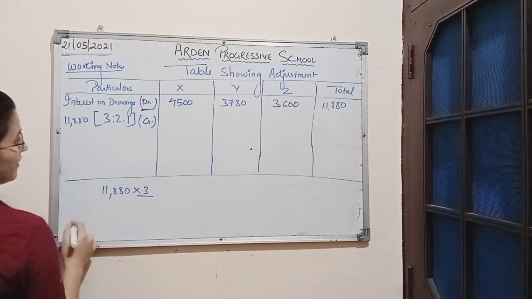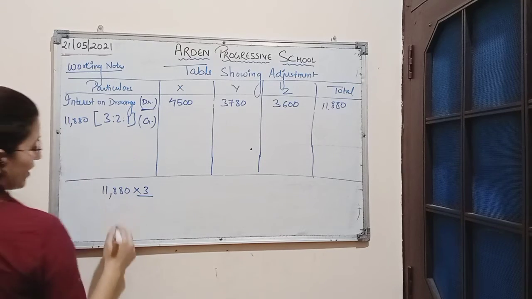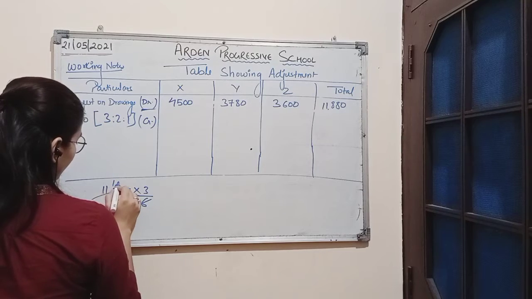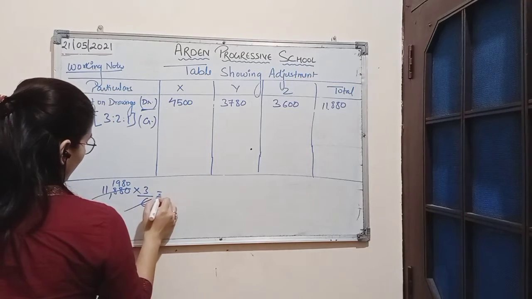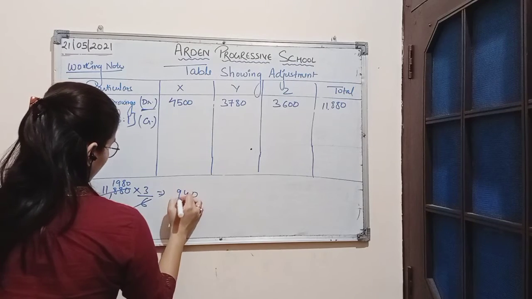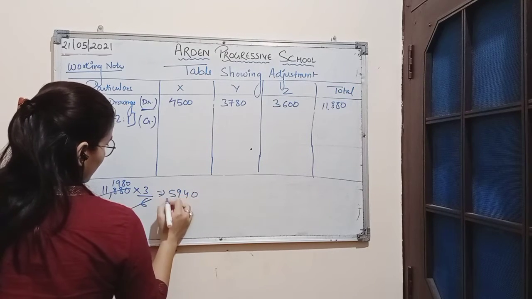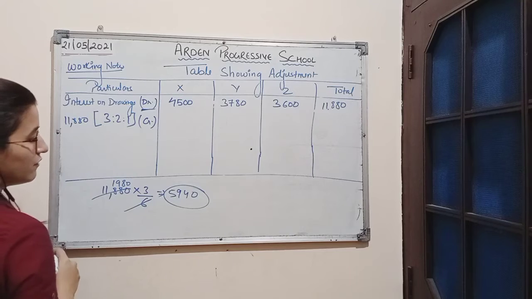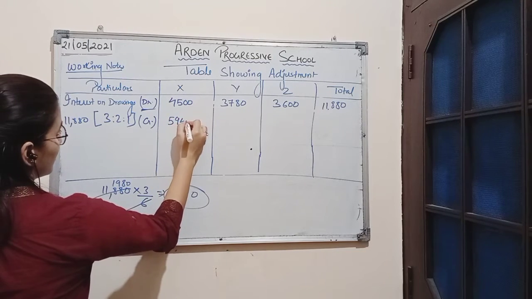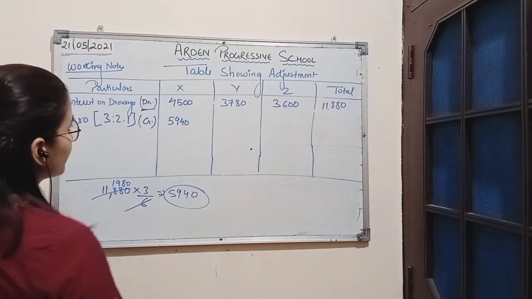So 3 divided by 3 plus 2, 5 plus 1, 6. Here the amount will be 5940. This is the credit amount.